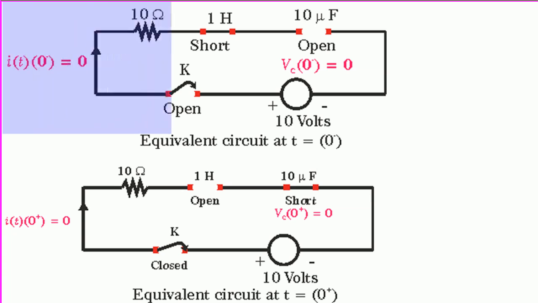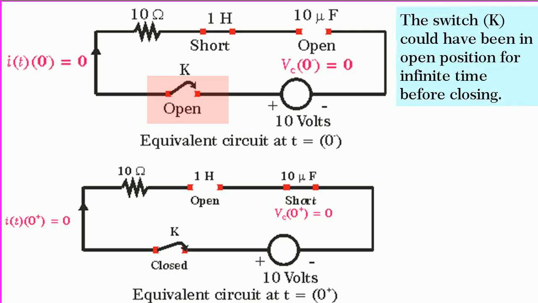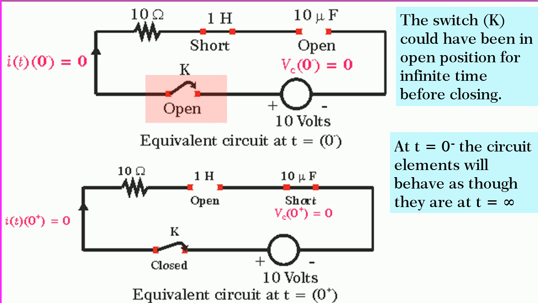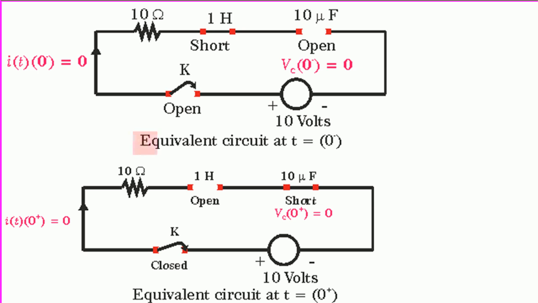So, first let us draw the equivalent circuit at t equal to 0 minus as shown in figure. We see that at t equal to 0 minus, the switch K is open and it could have been in open position for a long time, or for an infinite time. So, at t equal to 0 minus, circuit elements will behave as though t is equal to infinity. Hence, at t equal to 0 minus, L is short and C is open.